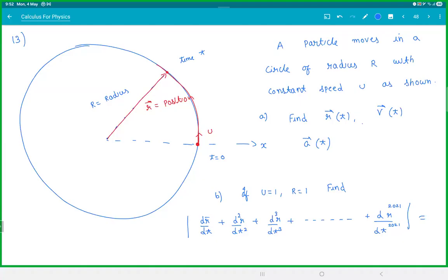U is 1, R is 1. Think. Take a minute or two.